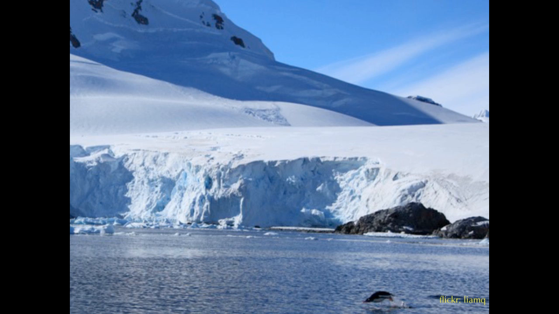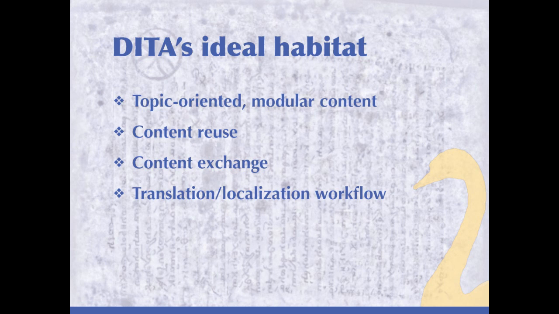So topic-oriented modular content that is being output to a variety of formats. Dita has some really useful features for content reuse. So if you have topics that need to be reused in multiple deliverables, in multiple books or multiple help systems, or if you have paragraphs that need to be reused across your document, that is something that it does well.